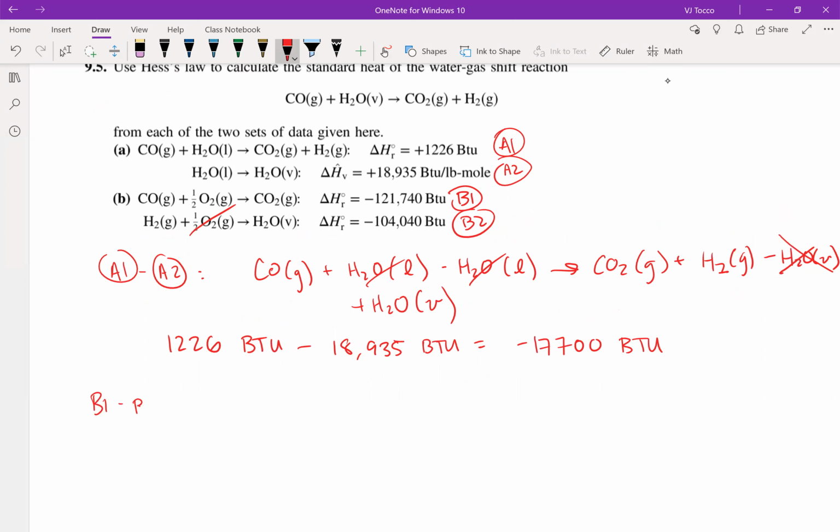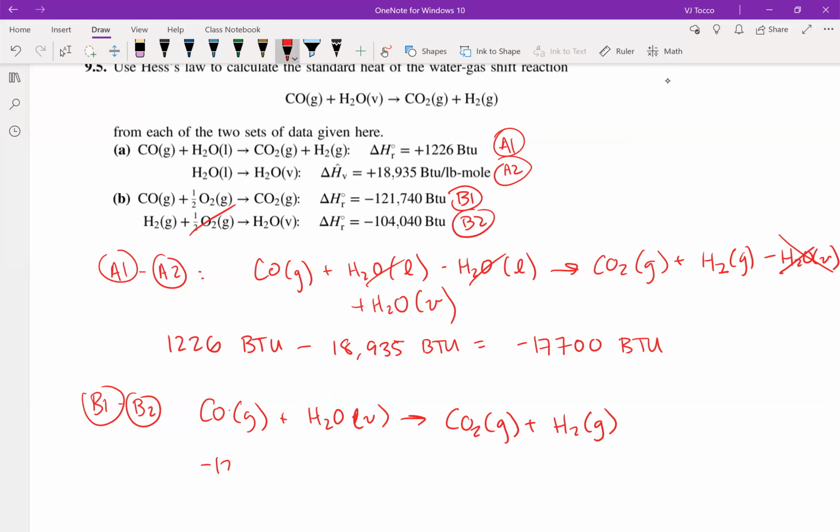So B1 minus B2 is going to yield CO gas plus H2O vapor going to CO2 gas plus H2 gas. Again, here I have to take heat of reaction 1, minus 121,740, minus negative 104,040, which is also minus 17,700 BTU.